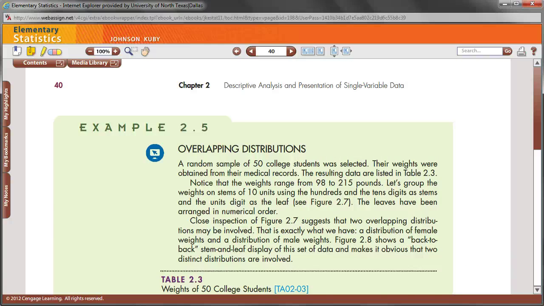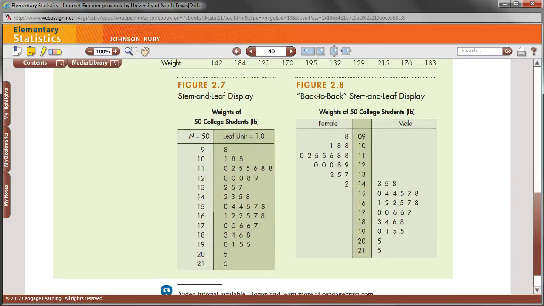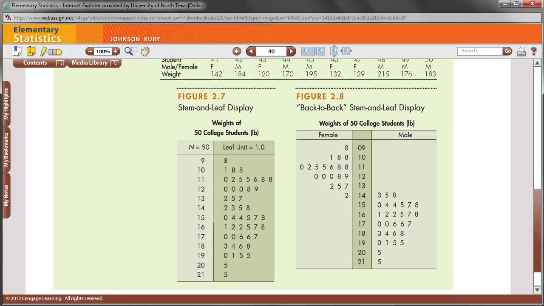Let's see, do we have any other kind of stem and leaf? Oh yes, other kinds of stem and leaves. In this case, we have weights of college students, and we have 3 digits, the 100s and the 10s digit as the stem, and the leaf as the 1s digit, and we have this kind of distribution as you see on the left hand side.